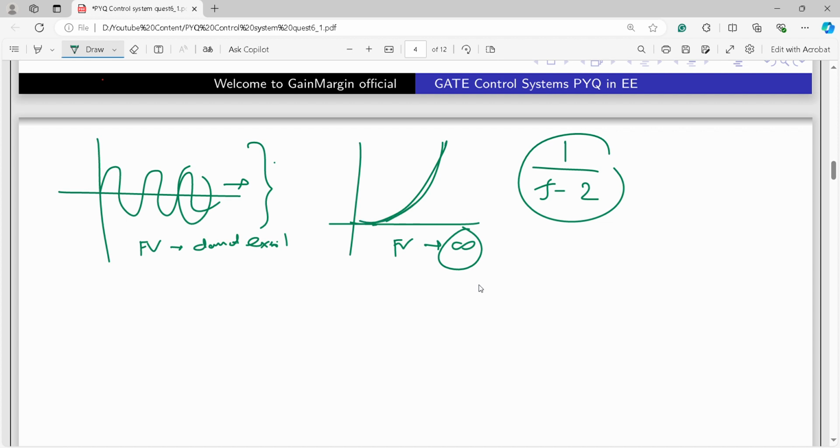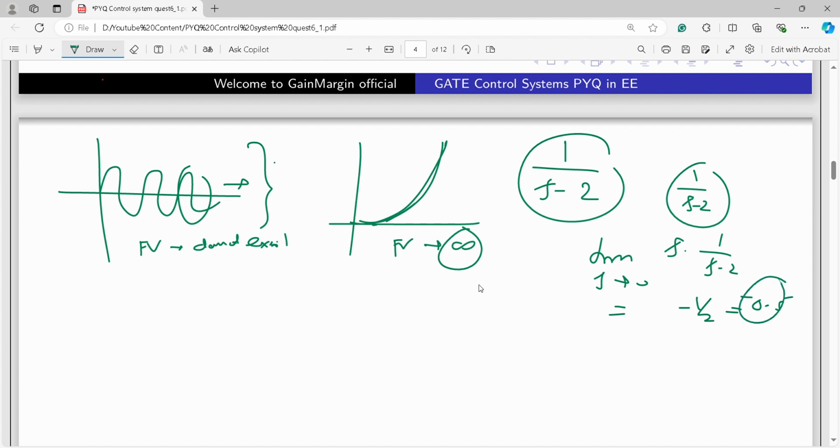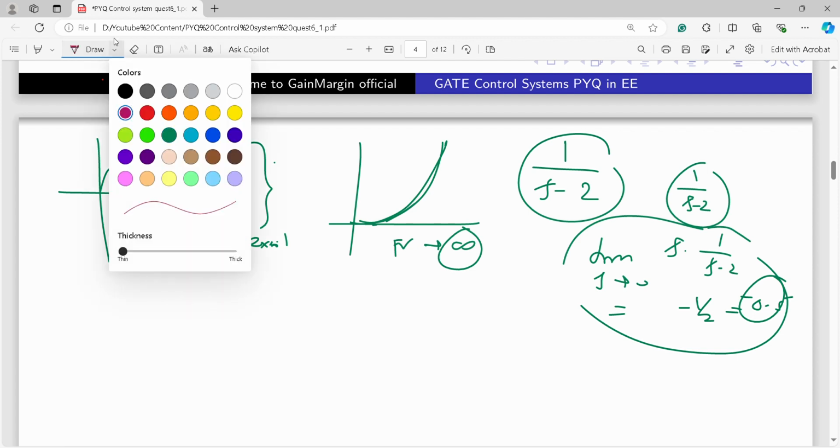But if you apply the final value theorem here, what will we get? Limit s to 0 of s times 1/(s−2). We get minus 1/2, which is minus 0.5. So this is actually wrong.